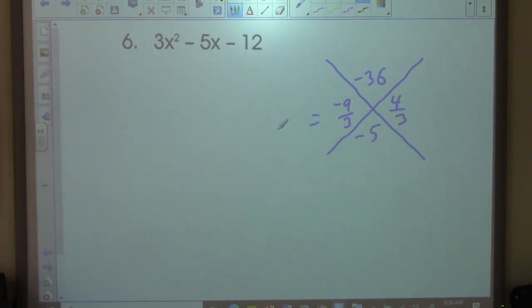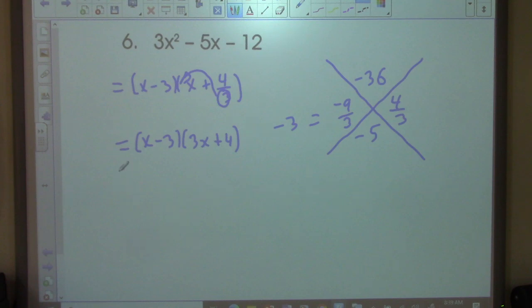So we get negative 3. So what we're going to have is x minus 3, and then x plus 4/3. And we bottoms up this 3. So we're going to get x minus 3 times 3x plus 4. And that's going to be our correct factoring. And I know that because this is not a guess and check process. You do the process, you know you have a right answer. Is that what you got, Colby, for that one?